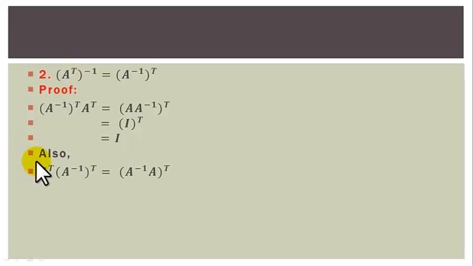That's A transpose times the transpose of A inverse is equal to, again by the reversal rule for the transpose of the product of two matrices, the transpose of A inverse times A. But A inverse times A is also I, so this is equal to I transpose. And I transpose is equal to I. So therefore, we have shown that the transpose of A inverse is equal to the inverse of A transpose.